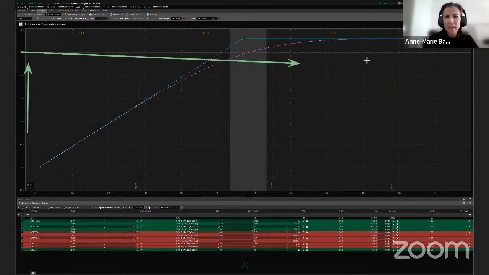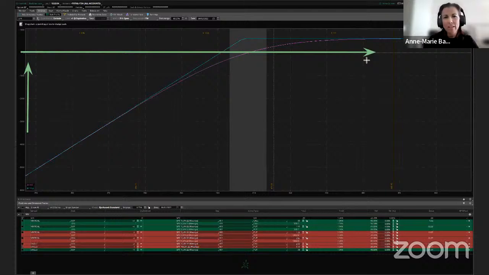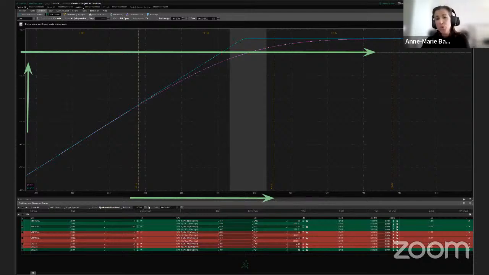So anything underneath that line is loss. Anything above it is gain. So that's what you're looking at. And the price of the stock is down here, right? So as price moves, this is what happens to your balance.